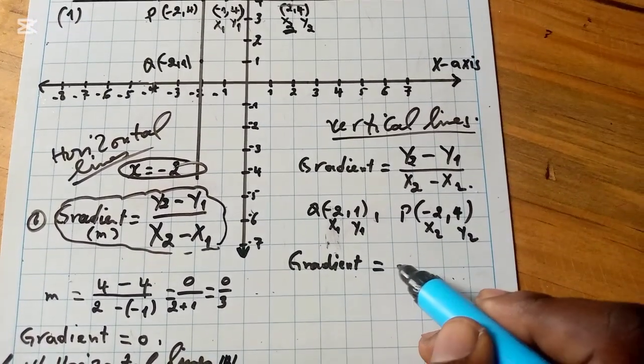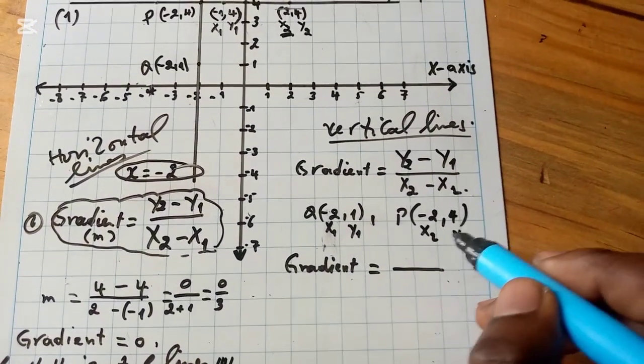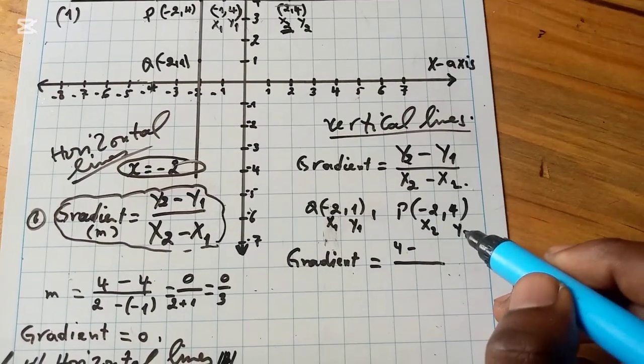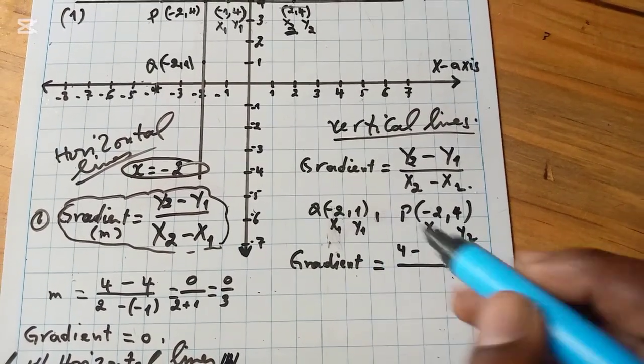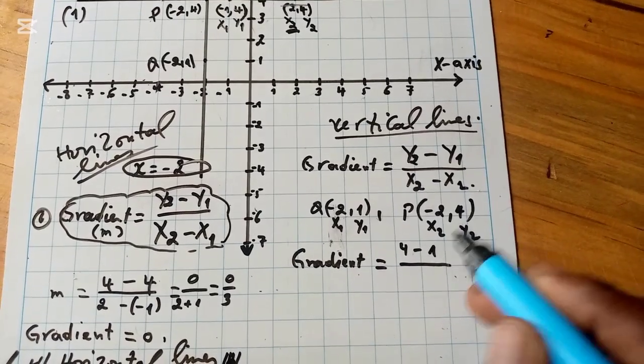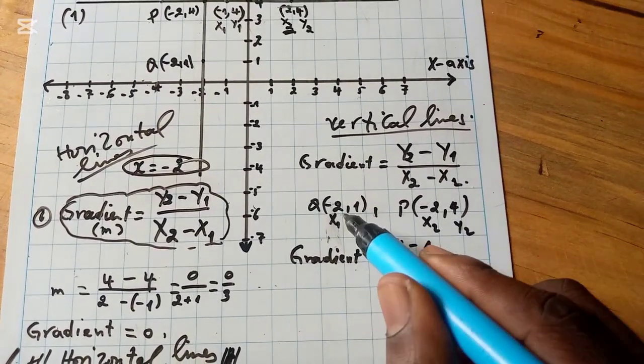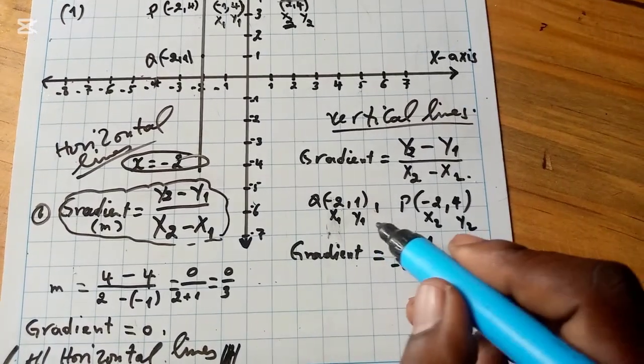So the gradient will be y2, which is 4, minus y1, which is 1, divided by x2, which is negative 2, minus x1, which is negative 2.